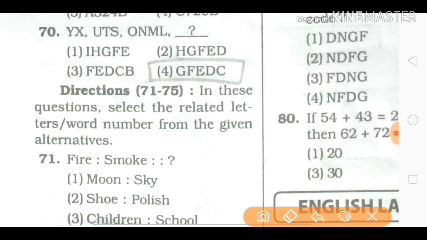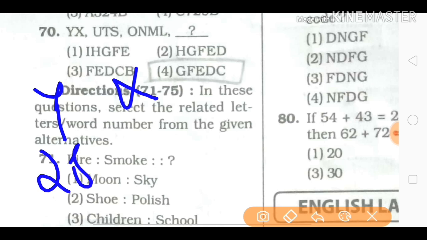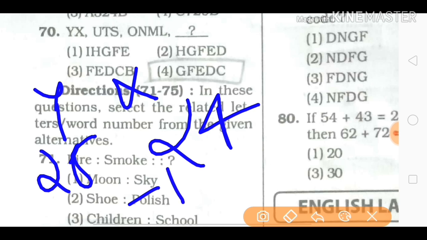YX. What is happening in this? Very simple, guys. YX, right? Y is 25, X is 24. 1 minus, how is it happening?